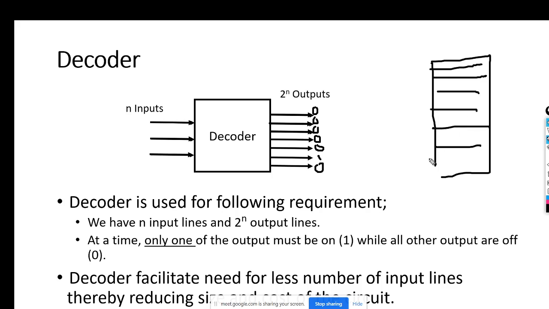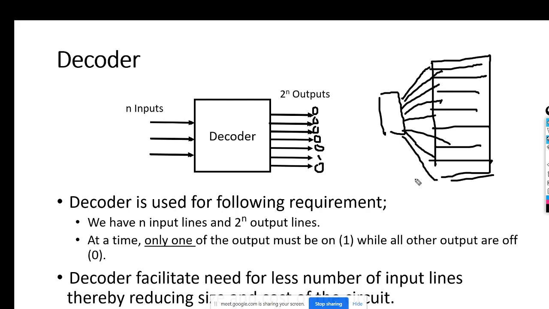So only one memory location will be enabled for reading or writing, because we are not interested in any other place. That works naturally for memory accessing.